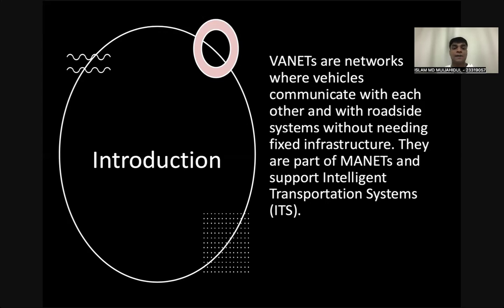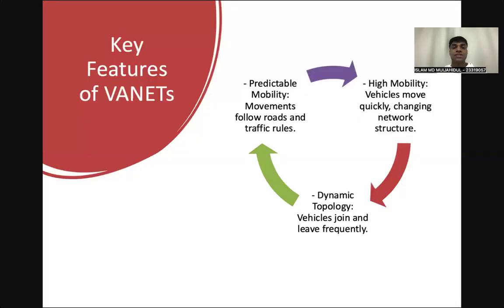Then moving on to the next slide, here I'll discuss the main features of VANETs. VANETs have unique features that make them different from other networks. First one, high mobility.